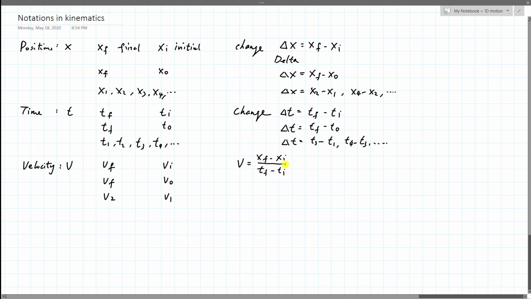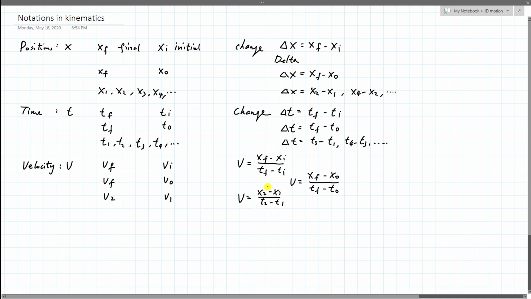That's one way to say it. Another way to say it is v is x final minus x0, that's also standing for initial, over t final minus t0, or you can say v is x2 minus x1 over t2 minus t1.